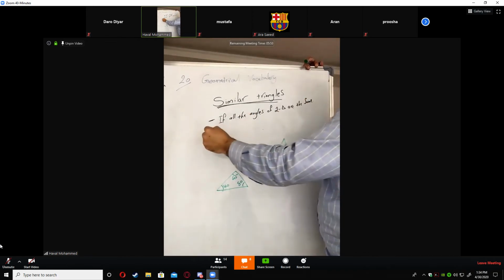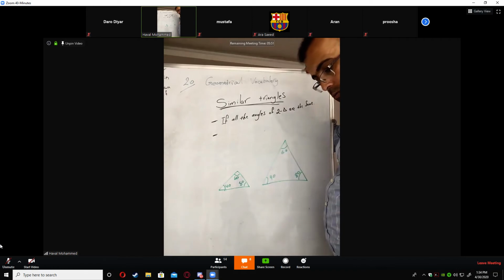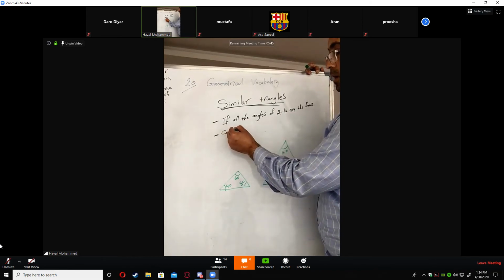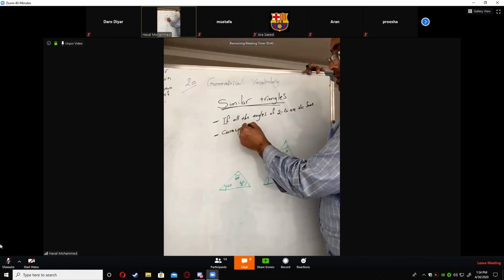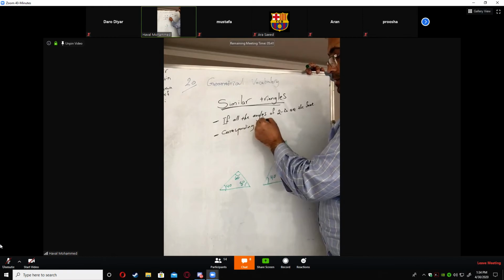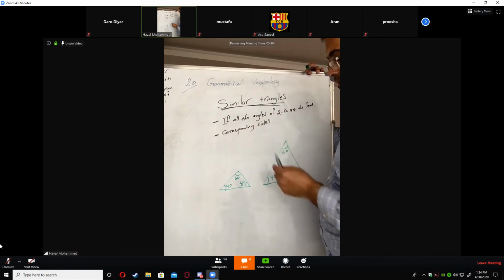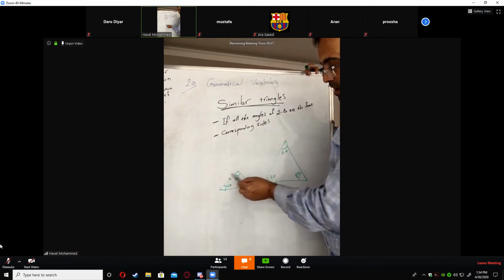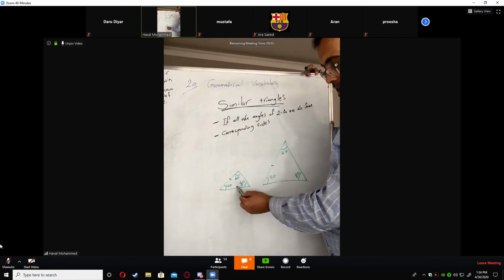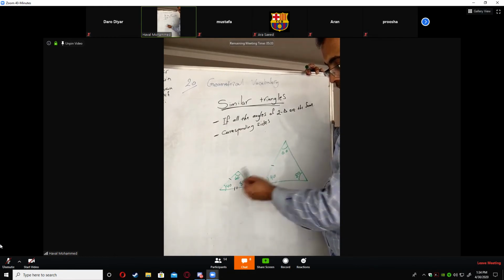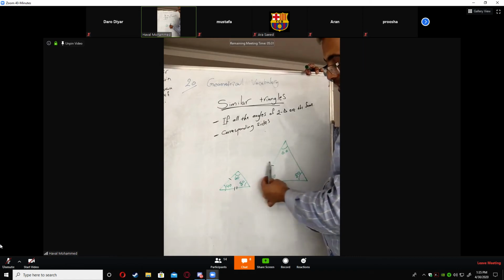And then number two, what's it saying? Then their corresponding sides. What does corresponding sides mean? It means this side and this. I will use one line for you to recognize that and this.